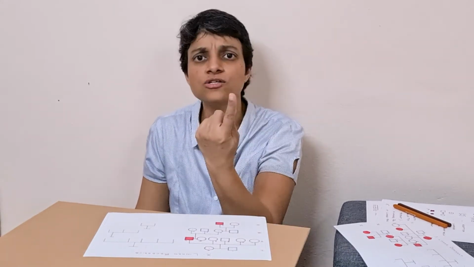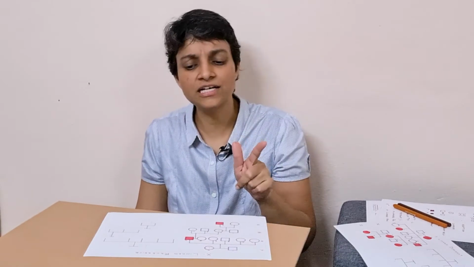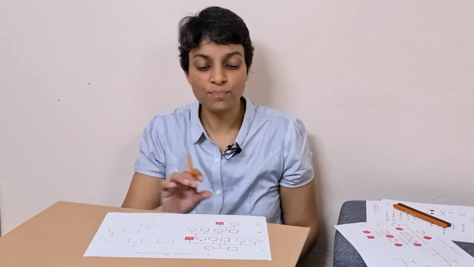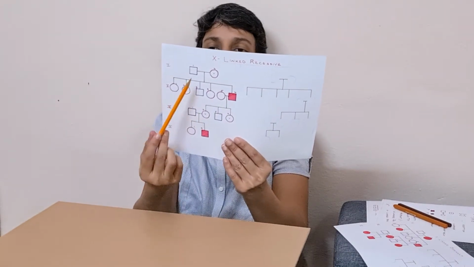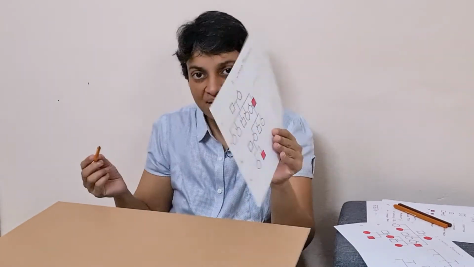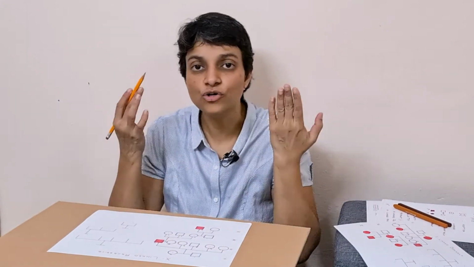If they have the recessive gene, they have only one X chromosome. So they will definitely show the disease. But because here these men do not show the disease, it means that the single X chromosome that they are carrying has a dominant gene on them.